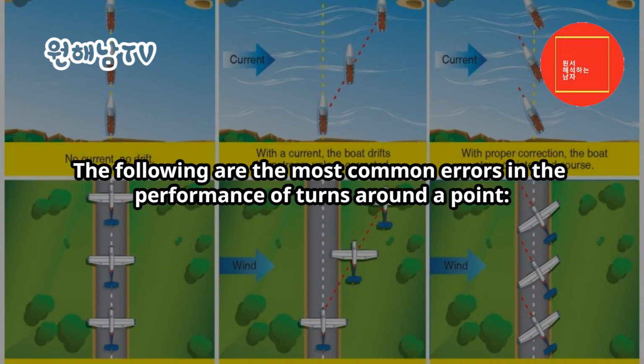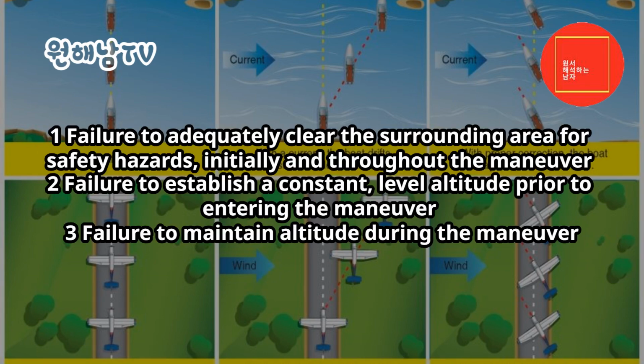The following are the most common errors in the performance of turns around a point. 1. Failure to adequately clear the surrounding area for safety hazards, initially and throughout the maneuver. 2. Failure to establish a constant, level altitude prior to entering the maneuver. 3. Failure to maintain altitude during the maneuver. 4.